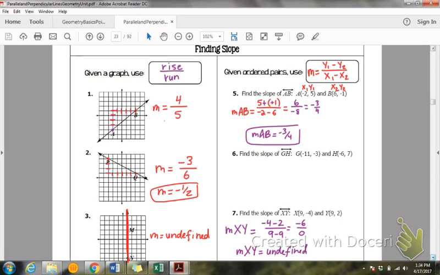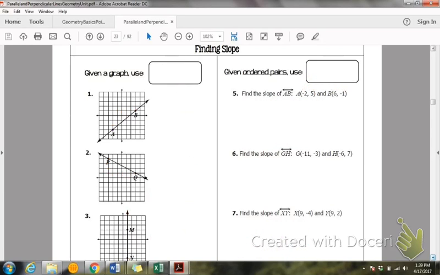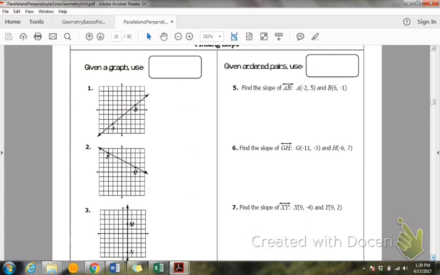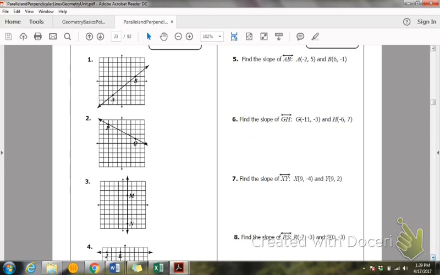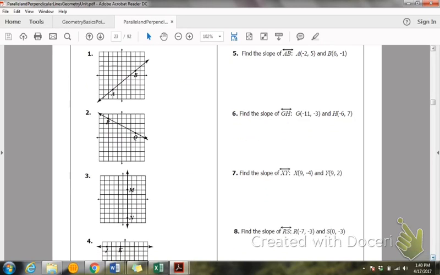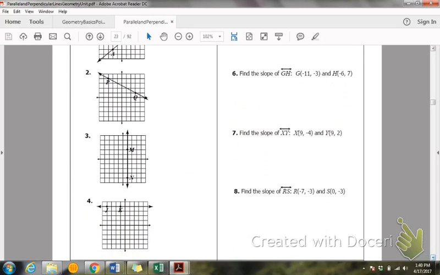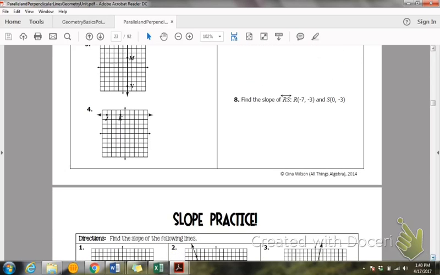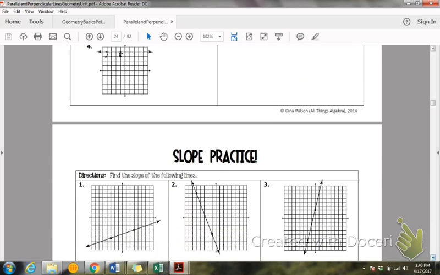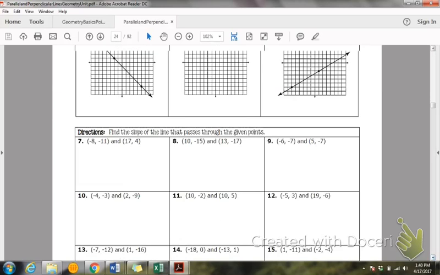Okay, anybody have any questions about that part? Okay, let's go to the next page. This should be algebra review. Okay, we're not going to do 1, 2, and 3.